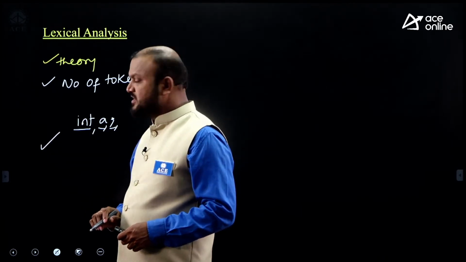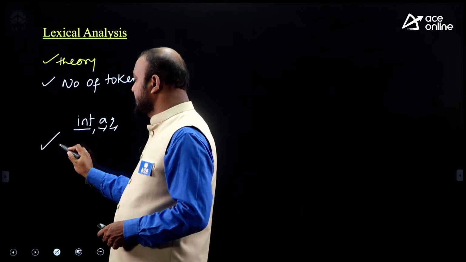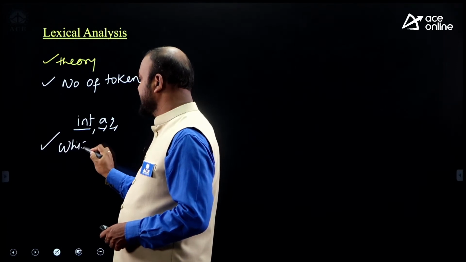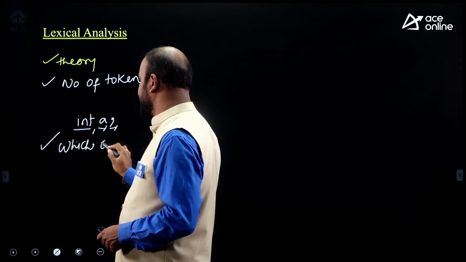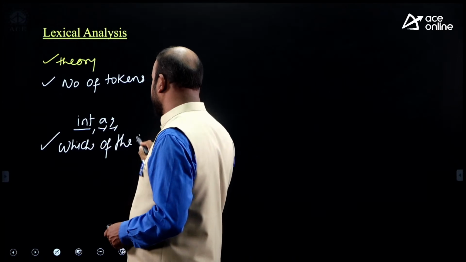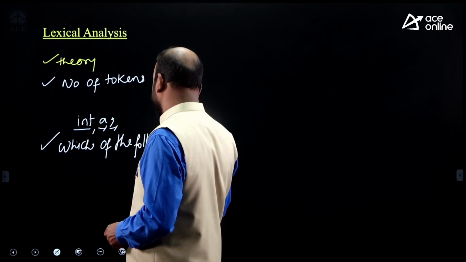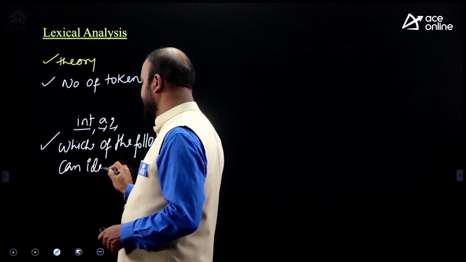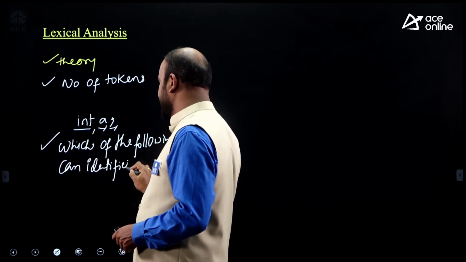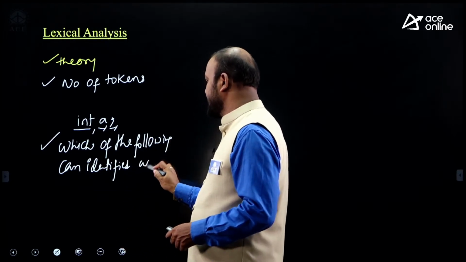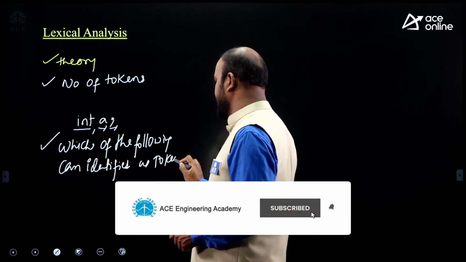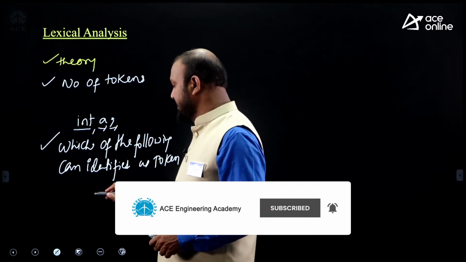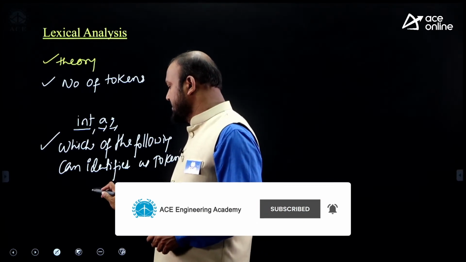Another kind of question is: which of the following can be identified as a token without depending on the next input character? Suppose it is not equal to.